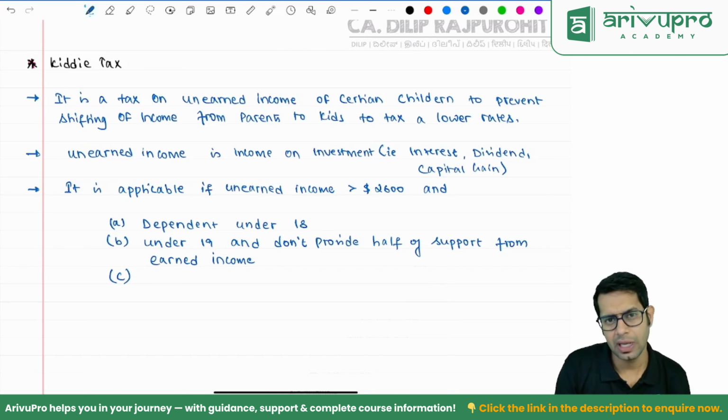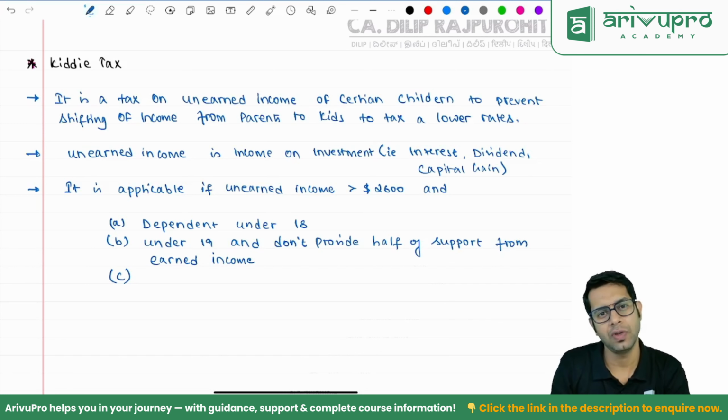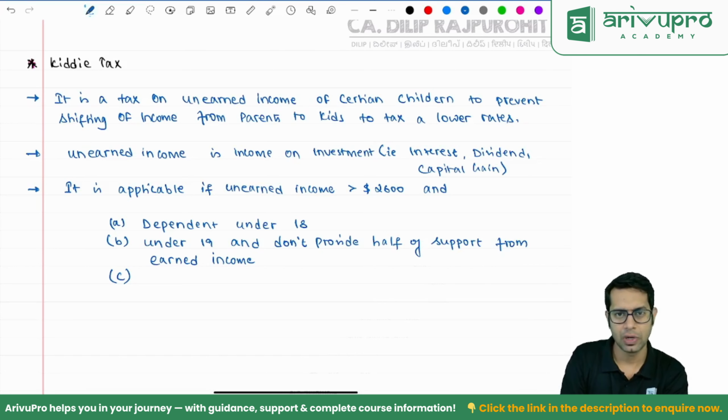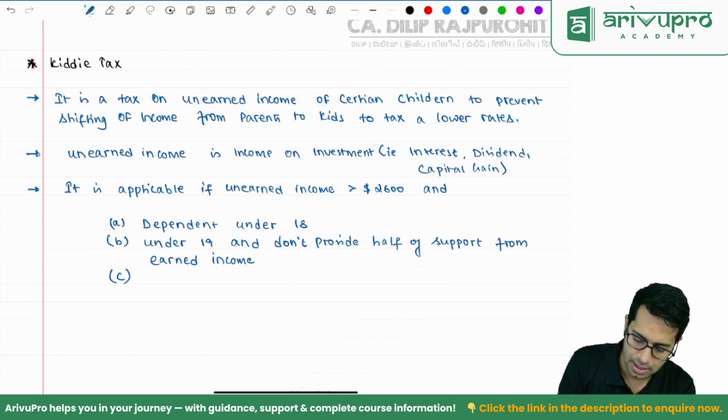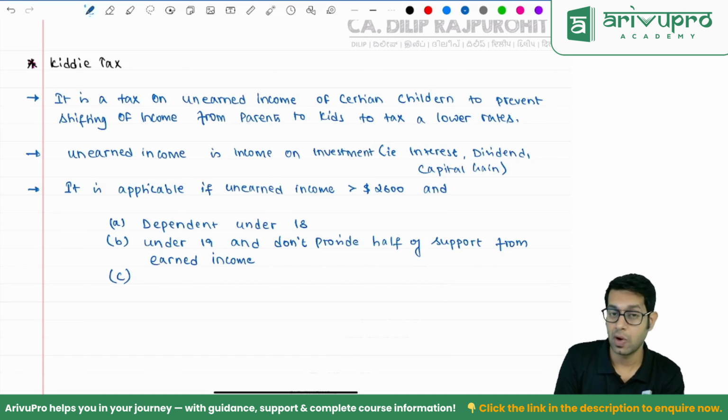Or he is more than 18 and he is providing more than 50% of his own support expenses, then it is not applicable. If he is not providing more than 50% of his support expenses from his earned income, not from unearned income, then it is applicable.